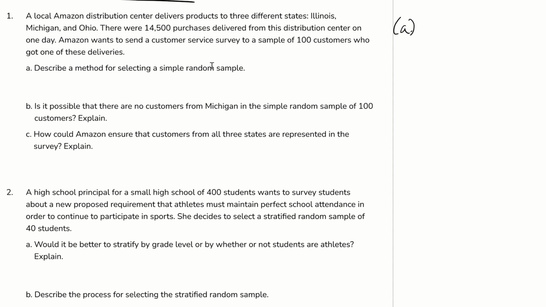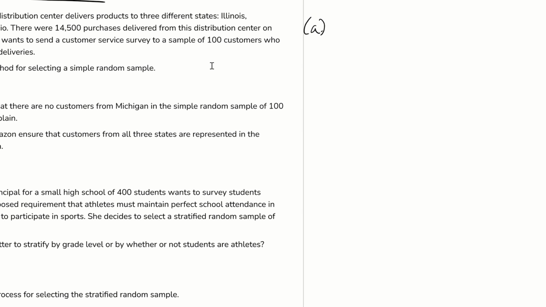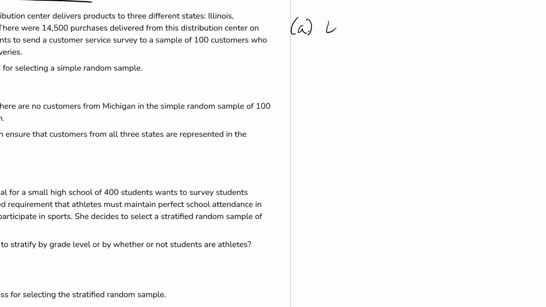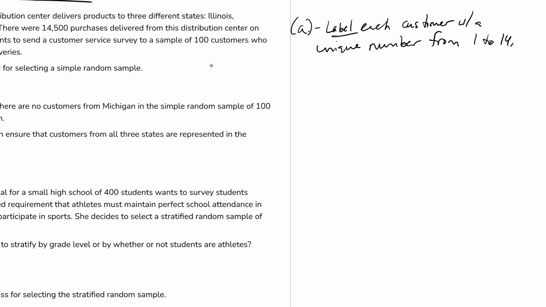So label each customer with a unique number, meaning it's not repeated, right? Unique number from 1 to 14,500. Now we're going to use a random number generator.